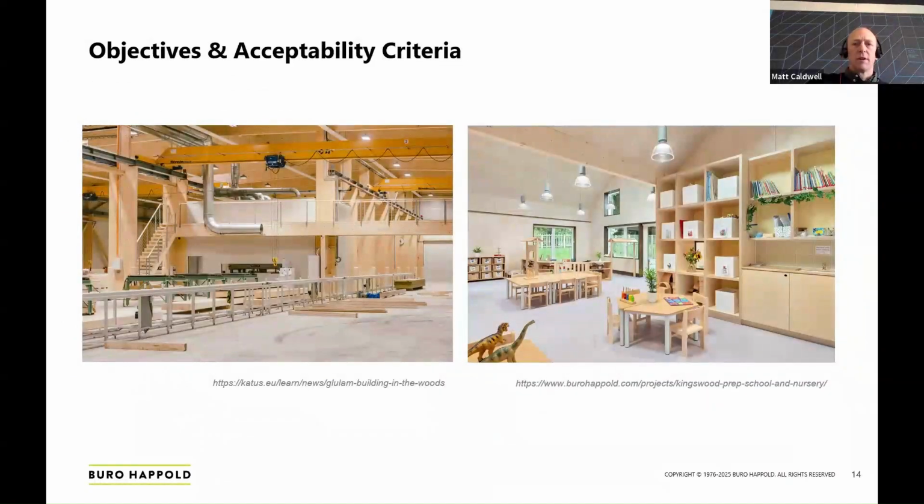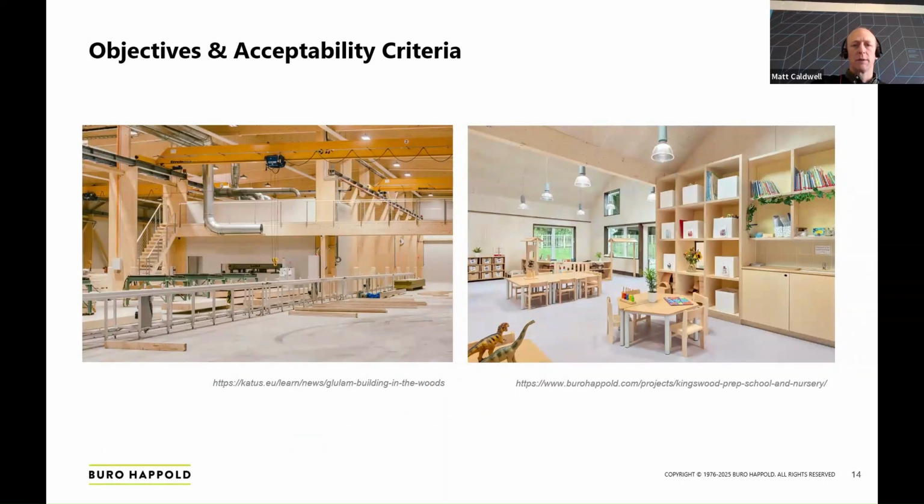Your objectives for different building types could be quite different, as I mentioned earlier. If it's an industrial building or maybe an agricultural building or a factory, or if the timbers are all going to be covered in the final scenario, then the visual requirements of your acceptability criteria will be very different to if it's in a school or an office or a dwelling, perhaps, where all of the timber is ultimately part of the finishes and almost the furniture of the building.